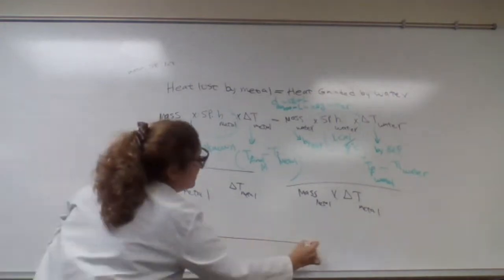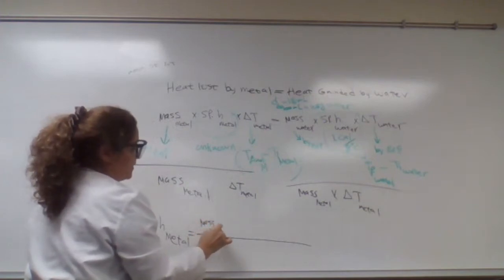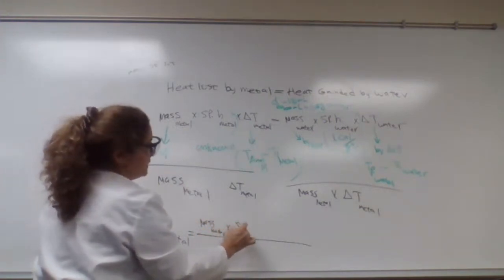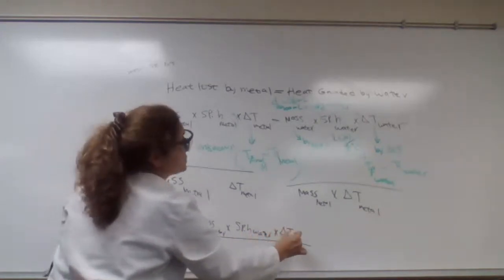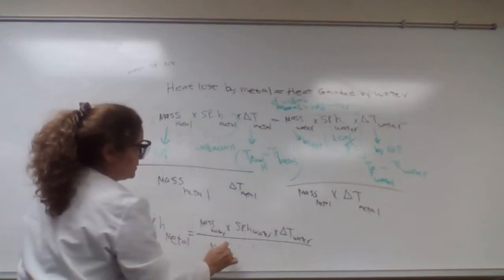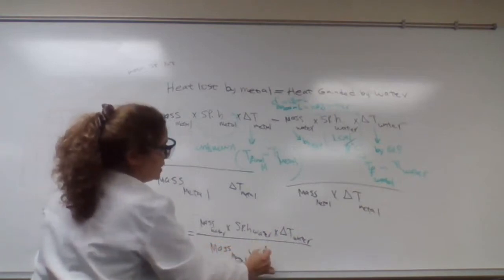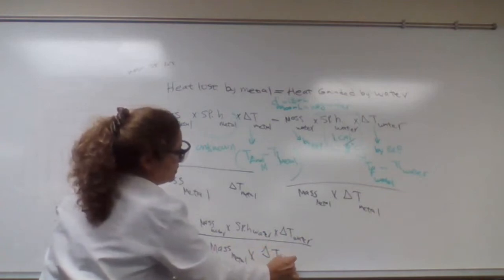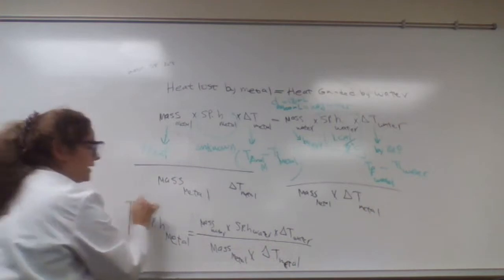It's going to be mass of water times specific heat for water times change in temperature for water, divided by mass of the metal times change in temperature for metal. Okay.